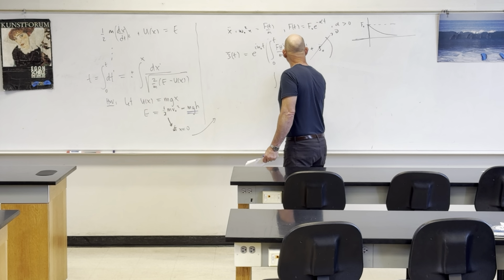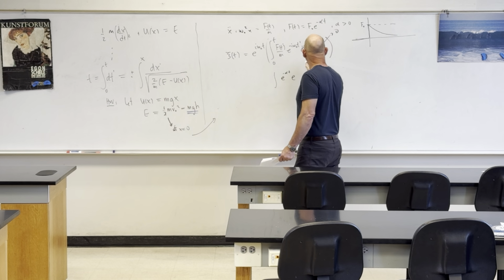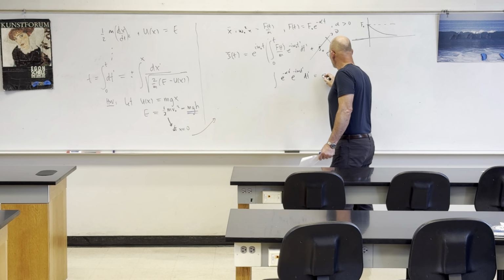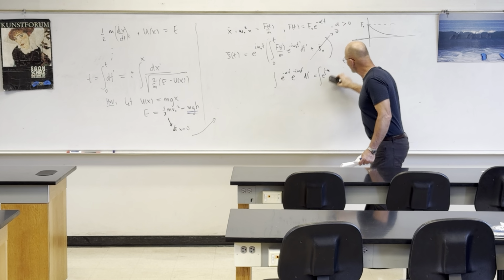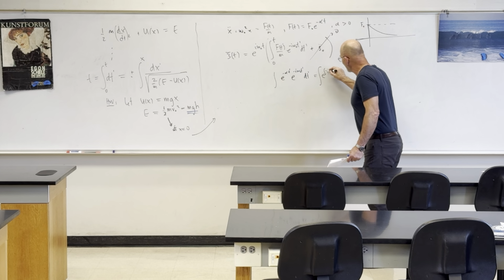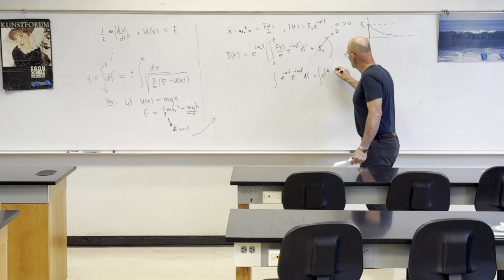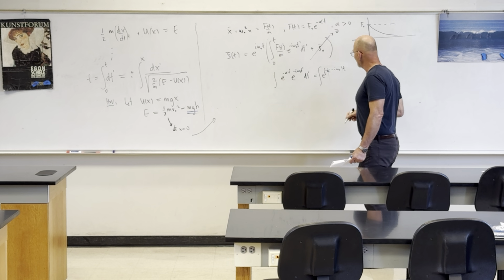you want that e to the minus alpha t, e to the minus I omega naught t, dt prime. You always go to this e to the minus alpha minus I omega naught t.